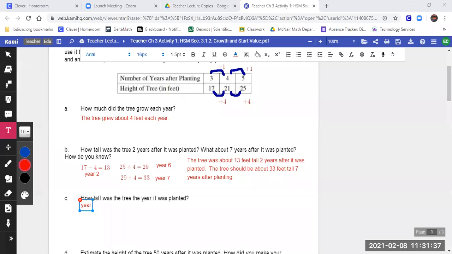How many years after planting is it when it's planted?